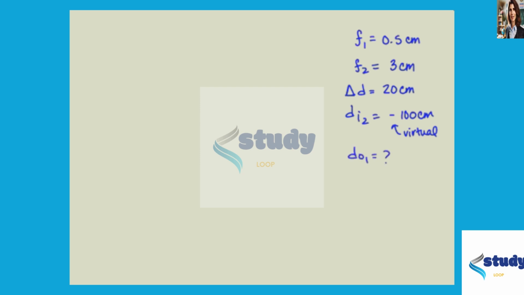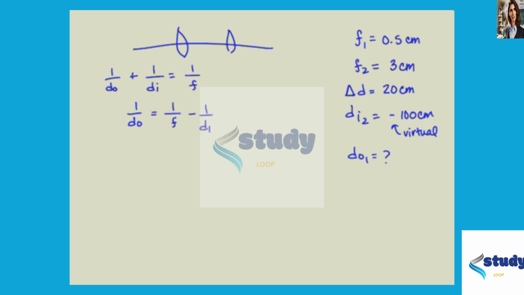So to do that, we're actually going to use the thin lens equation. So 1 over dO plus 1 over di equals 1 over f. And we want to solve for dO. So 1 over dO equals 1 over f minus 1 over di. Now I am talking about the second lens here first, so I'm going to put a little 2's to clarify.